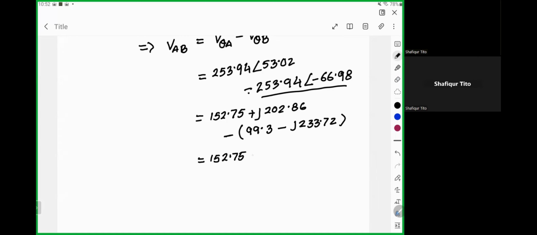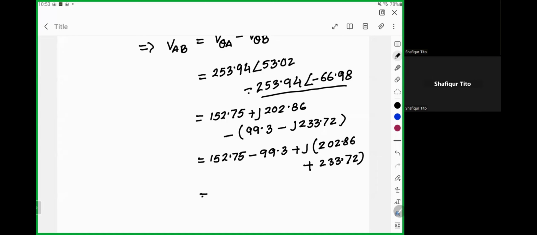Now if you do this addition, it would be 152.75 minus 99.3 plus j 202.86 plus 233.72.